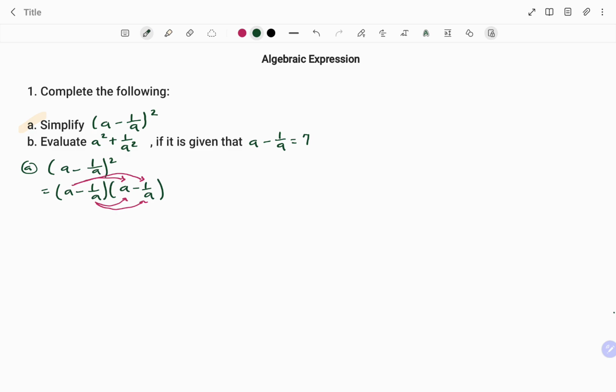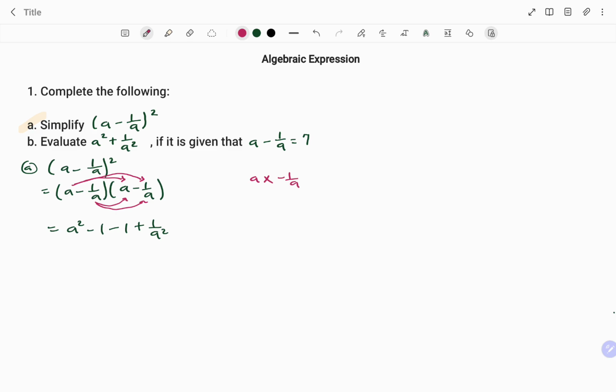So what we have will be a times a, that's a squared, a times minus 1 over a, that will give us minus 1. We go to the second term, minus 1 over a times a, that will also give us minus 1, and minus 1 over a times minus 1 over a will give us plus 1 over a squared.